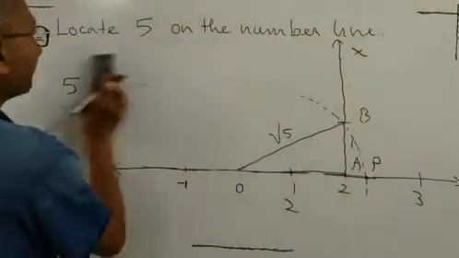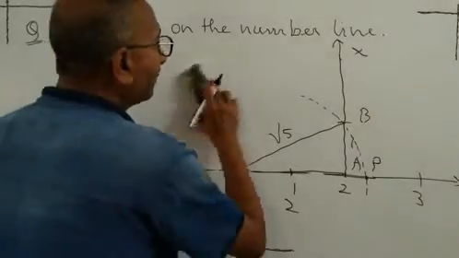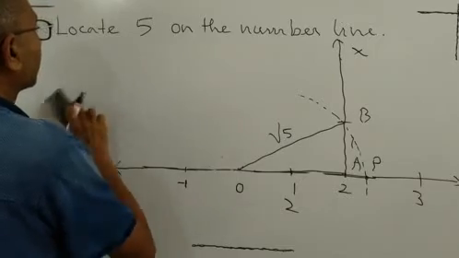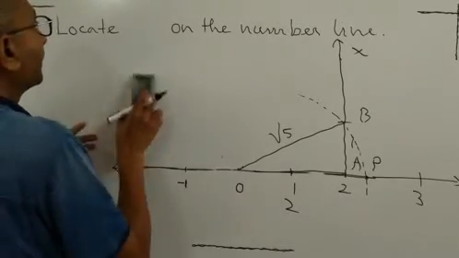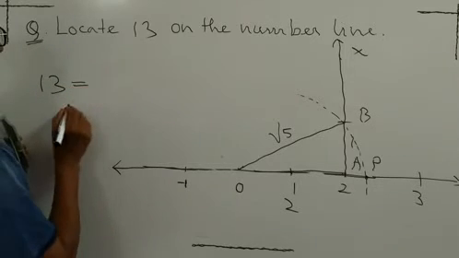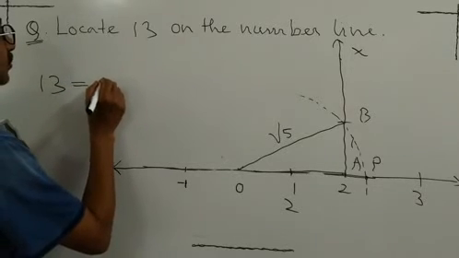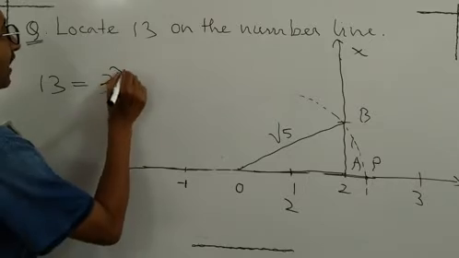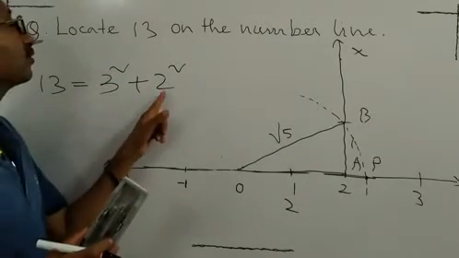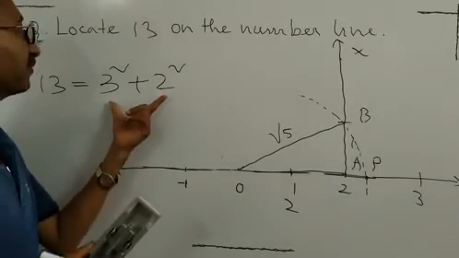Likewise, you can represent, say you are given root over 13 on the number line. You will try in this way. 13 is equal to what? 3 square plus 2 square. 3 square is 9, 2 square is 4, so 9 plus 4 is 13.